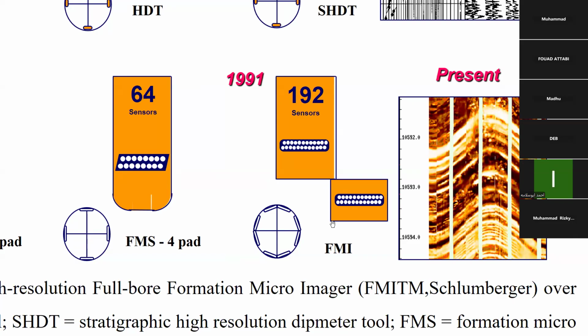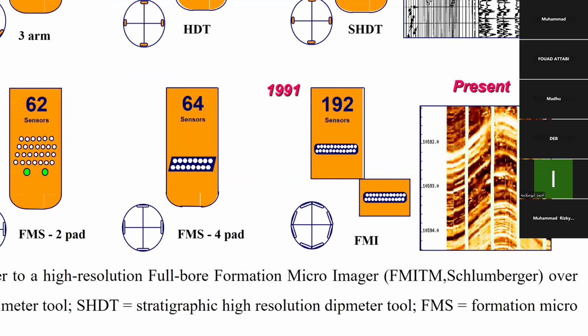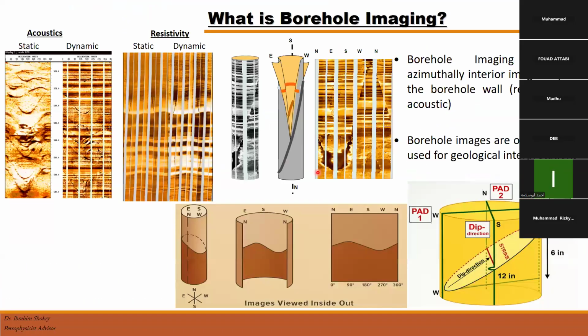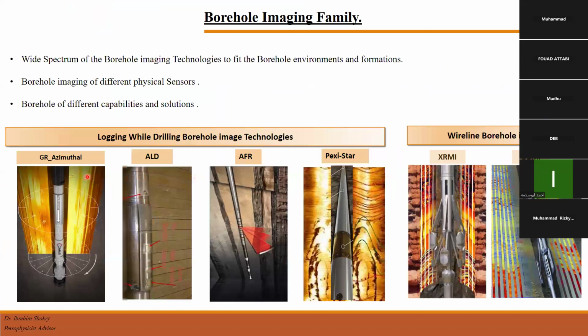But in LWD, it is one rotating tool. There are no gaps between the arms or flaps or something like that. So we have a continuous image in 360 degrees. This is a key advantage of the LWD tool.